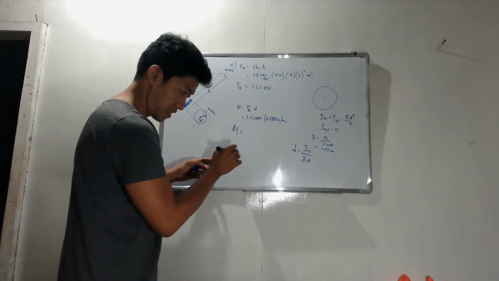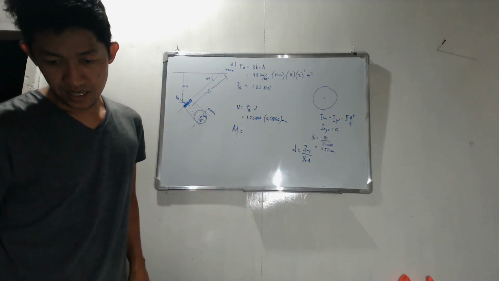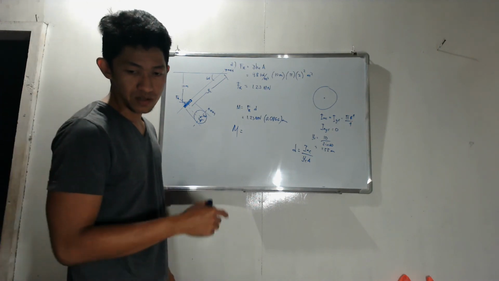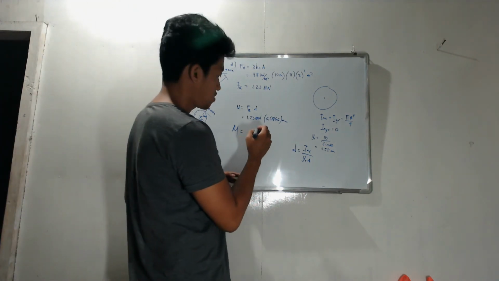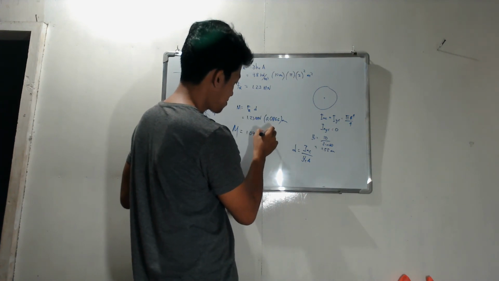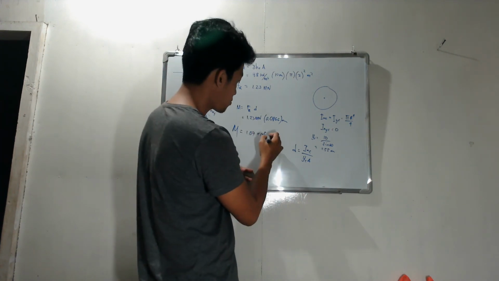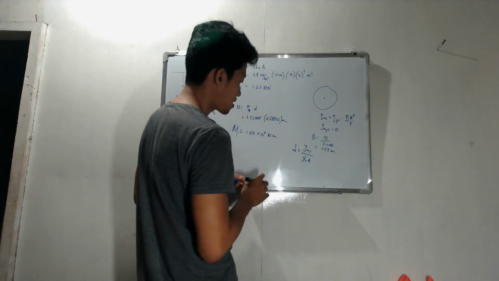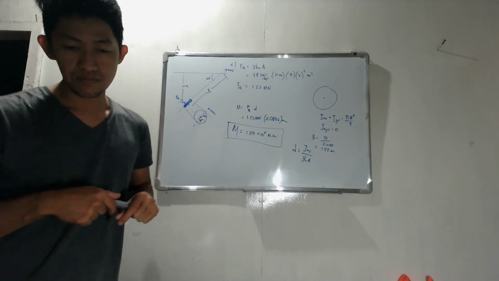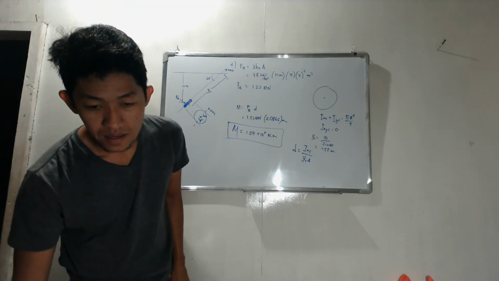Therefore, your moment is 1.07 times 10 to the 5 newton meters. So that's it. Thank you.